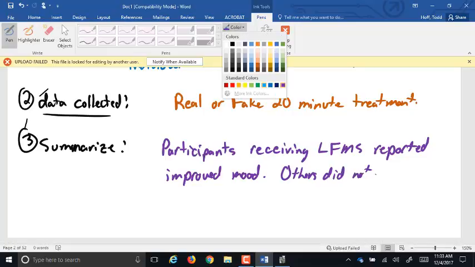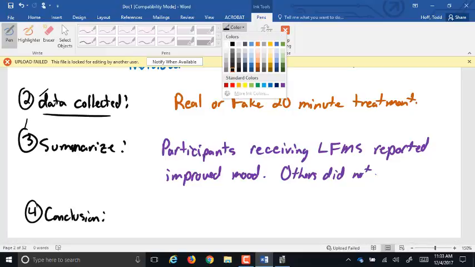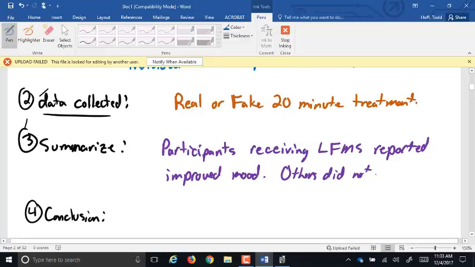So the conclusion, what did they conclude?